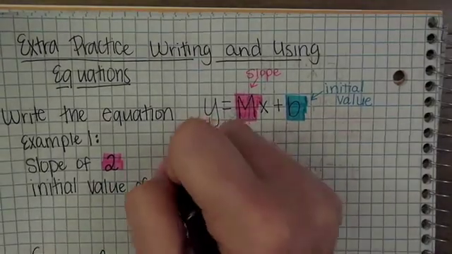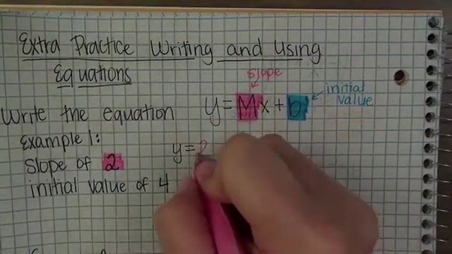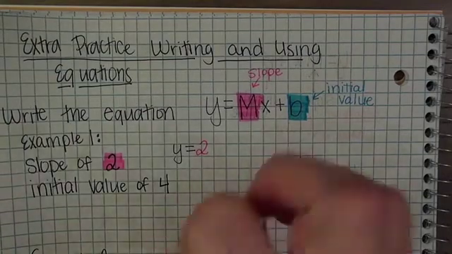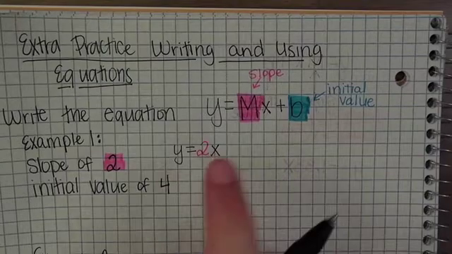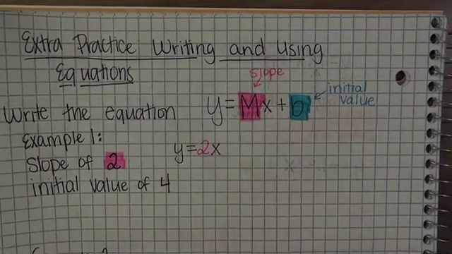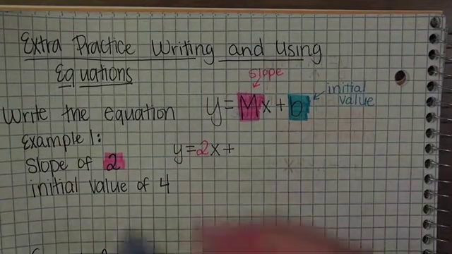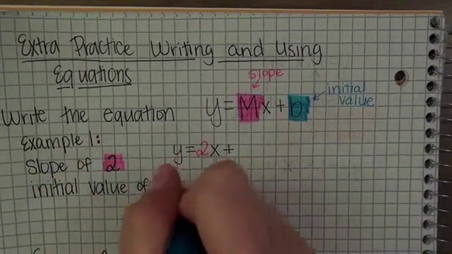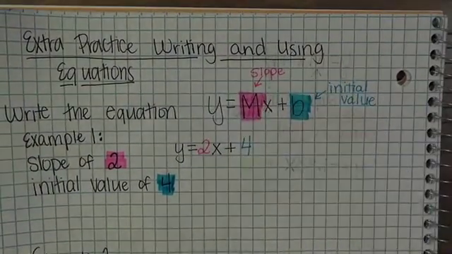So it would be y equals 2x. Remember the y and the x are always there. That's just talking about the x and y values. And then plus, our initial value says 4. So then we're going to put plus 4.